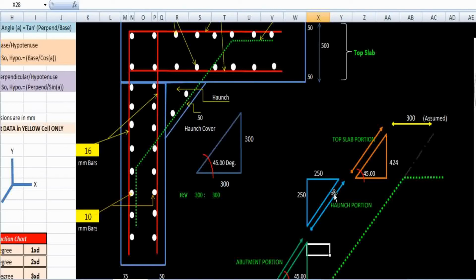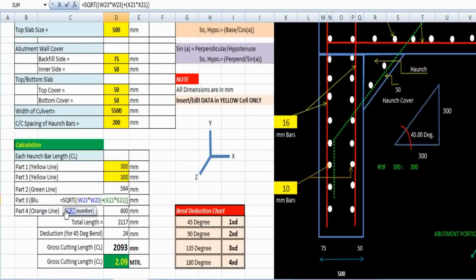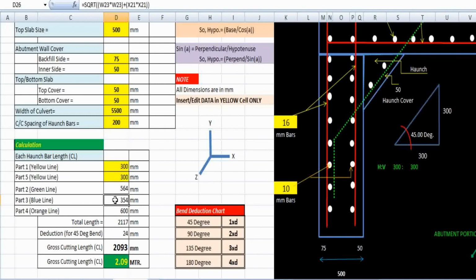Okay, this is the formula. To calculate the hypotenuse value we have to take the square root of the whole term, base square plus perpendicular square. So that value I have formulated here. It will give the result as a hypotenuse of 354 mm. So from here to here the dimension we got is 354 mm.